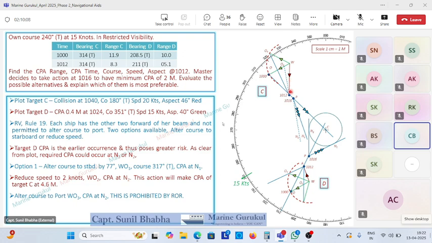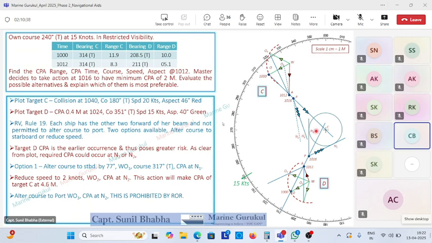This is effective at 1016 hours. So transferring this line O2 alpha at point P, which is the predicted position at 1016, we have our new line of approach. So you can see this dotted line from point Papa of target Charlie showing up on the screen, and we can clearly see that the CPA of target Charlie has increased from its initial value.